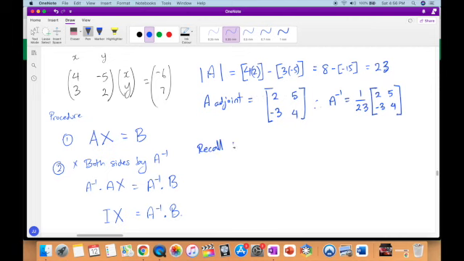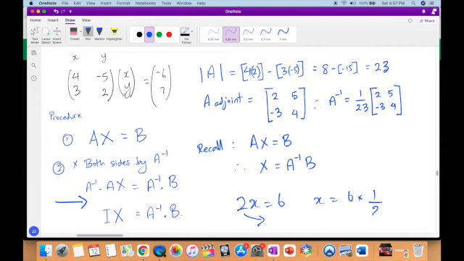Recall, A times X is equal to B. Therefore, X is equal to A inverse times B. Why? Because of this rule. You could also think about it like throwing over the A. Because if you had 2x is equal to 6, when you throw over the 2, it becomes x is equal to 6 multiplied by 1 over 2. So this is the inverse of 2, isn't it?